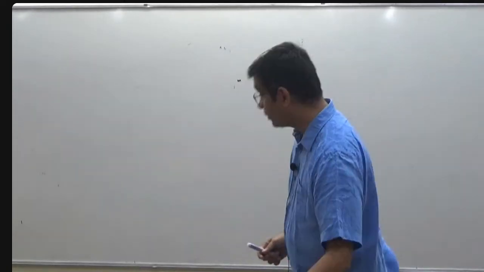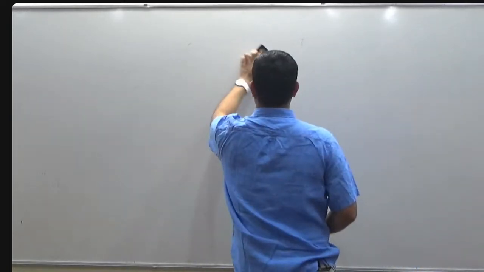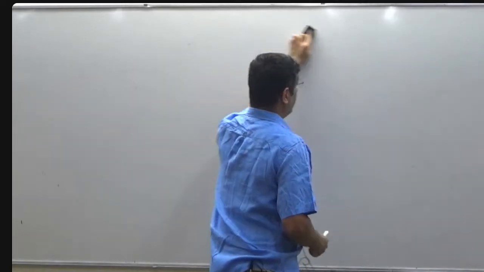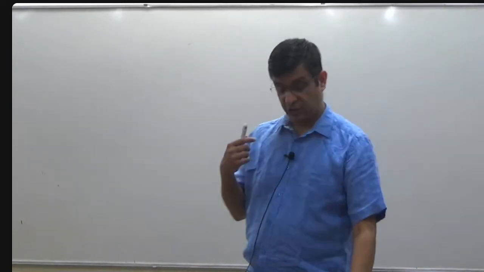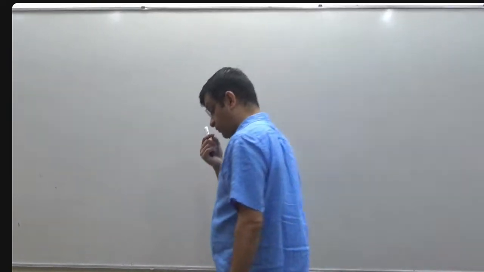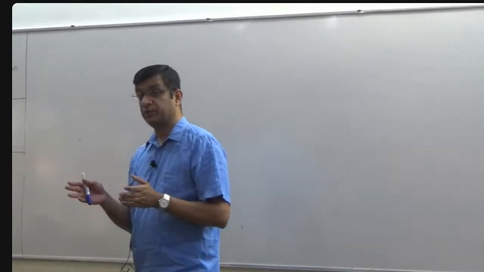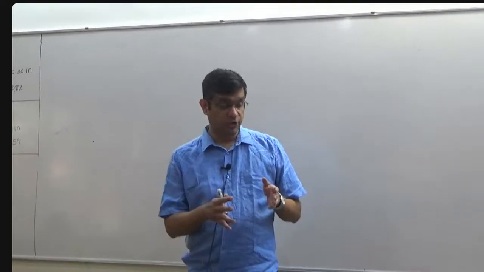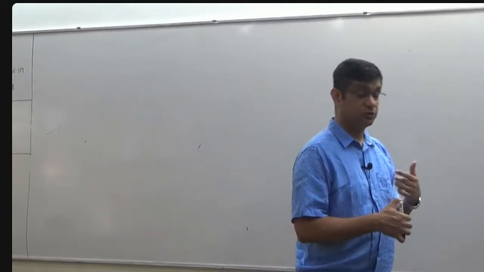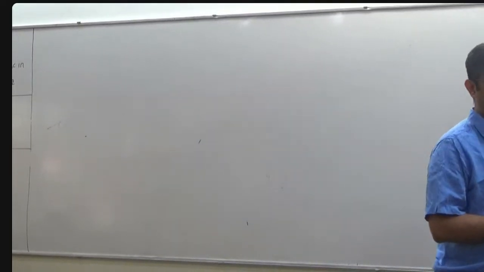So, today we are going to do a generalization of what we had done last time, and this is going to be the most important result that we will be using when we go to partial observability.